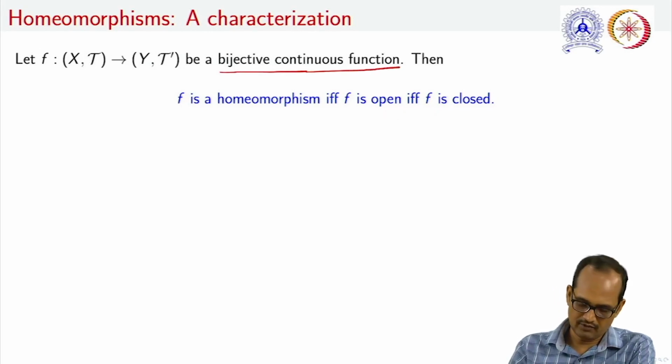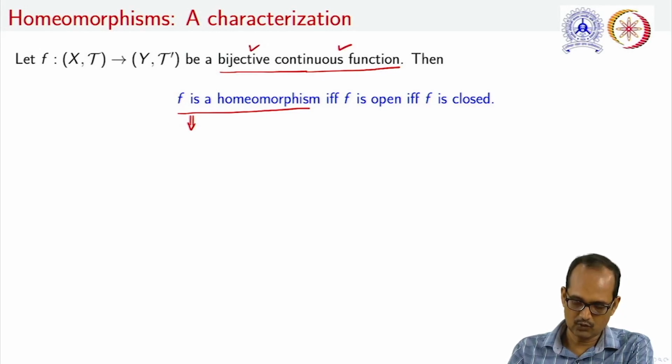In order to justify it, if we are beginning with a homeomorphism f, it means that this is bijective and continuous, which is already given, plus one additional thing, that is f inverse is continuous. Note that f inverse is continuous.